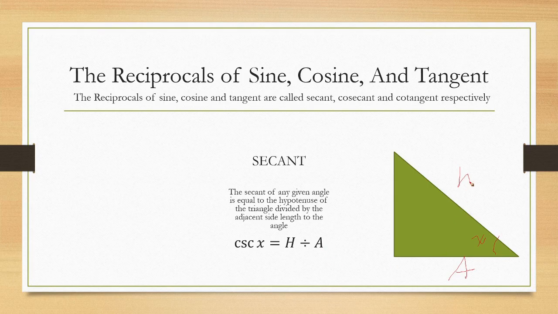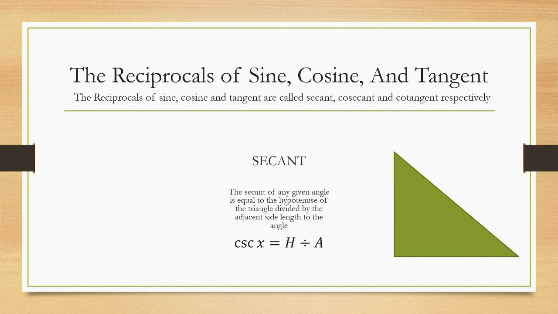That would mean that h divided by a would equal h over a. And if h was 5 and a was 4, to have it be different, then that would mean that the secant of x would equal 5 over 4.